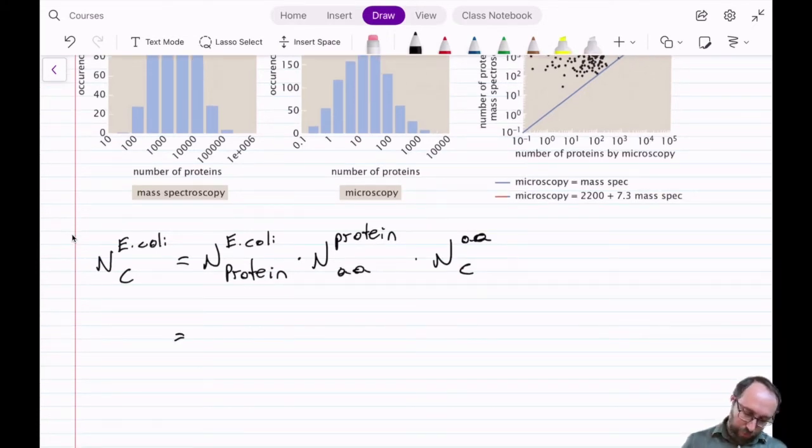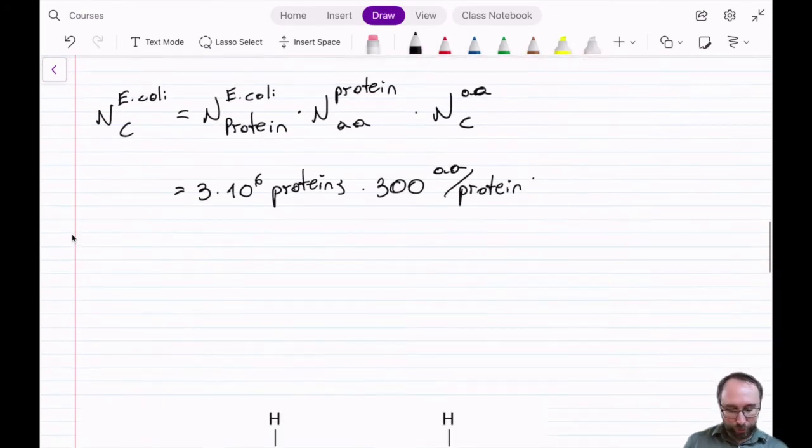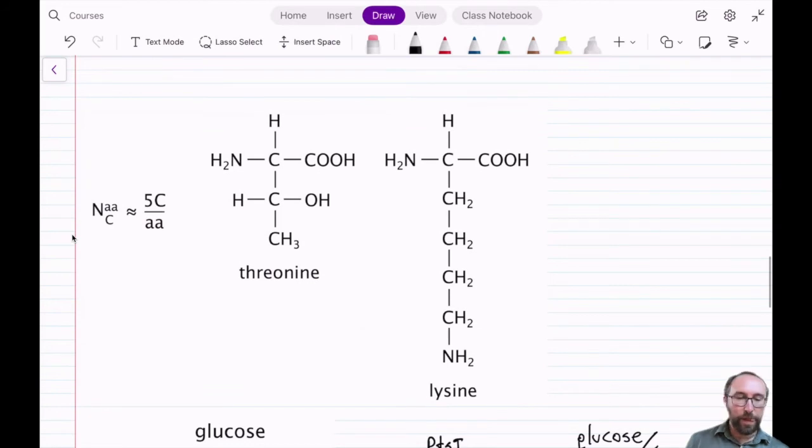We know that there's 3 times 10 to the 6 proteins. We know that on average it's on the order of 300 amino acids per protein. And to know the number of carbons per amino acid, I had to look it up. I don't know biochemistry enough, but basically on average you get about 5 carbons per amino acid.